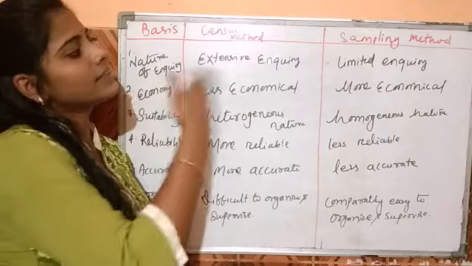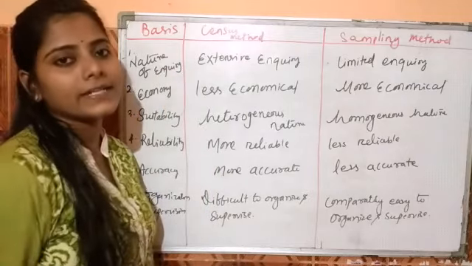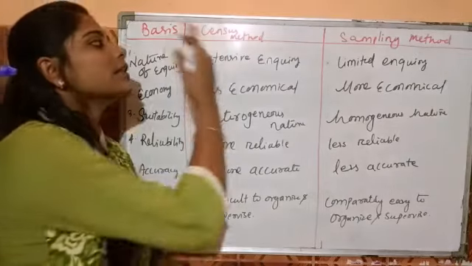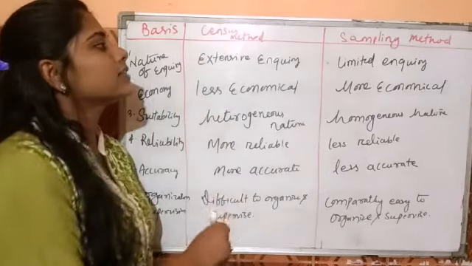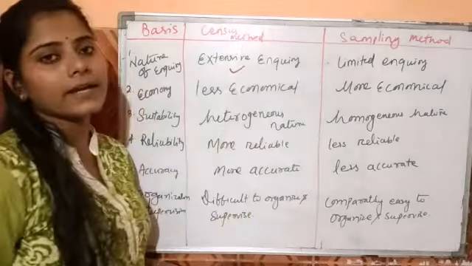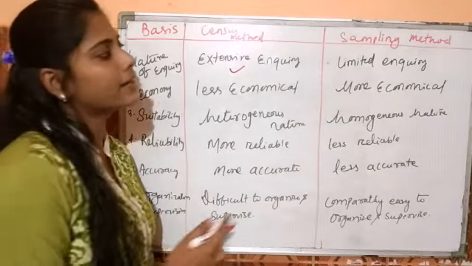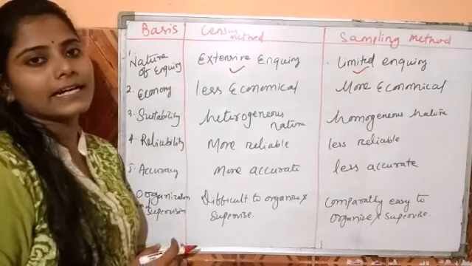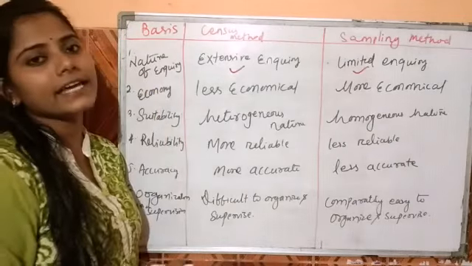Now we discuss these two methods through a comparison chart. First is nature of inquiry. The nature of inquiry in the census method is extensive, or we can say in-depth inquiry. And in the sampling method, the nature of inquiry is limited. Next is economy.